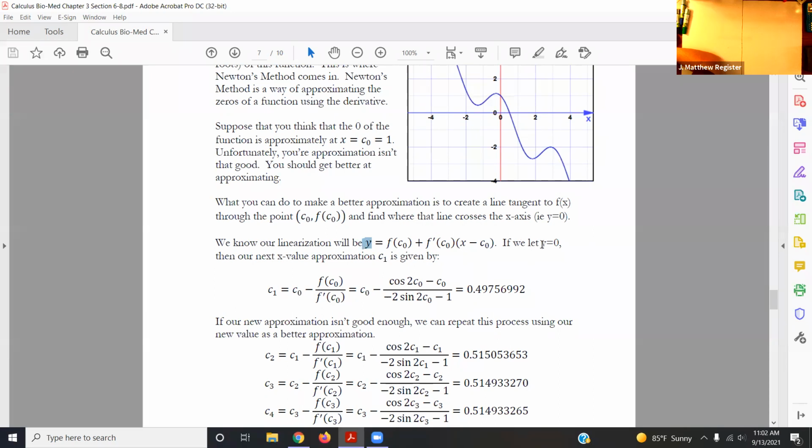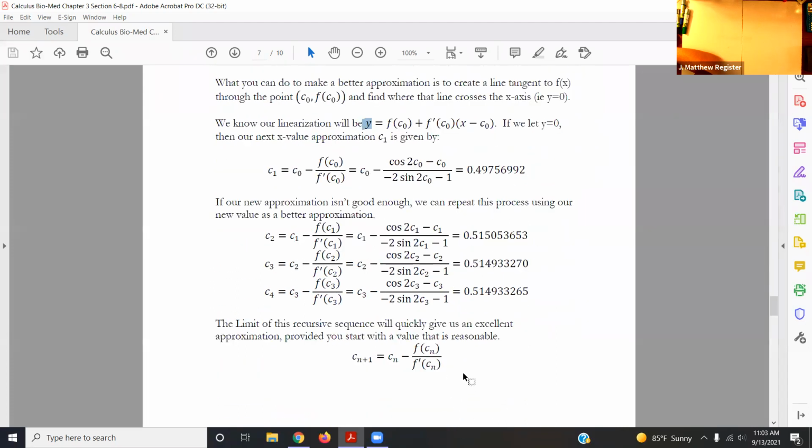And so if we let y equal 0, then our next x value approximation would be given by this equation here, because we would just take the equation of the line and then just repeat it. And so what we're doing is we're taking this function here, c sub n minus f of c sub n over f prime of c sub n, and we're just repeatedly applying it over and over and over again.